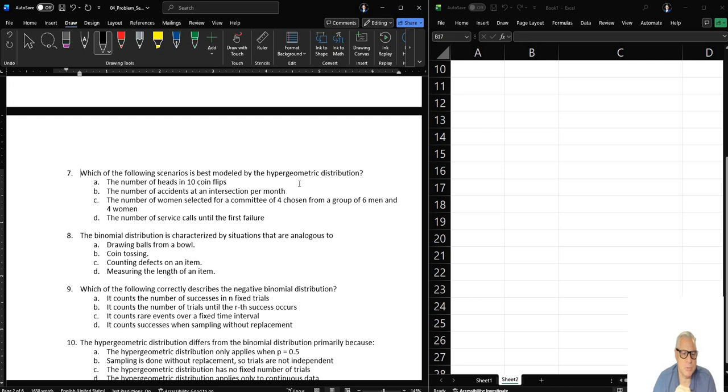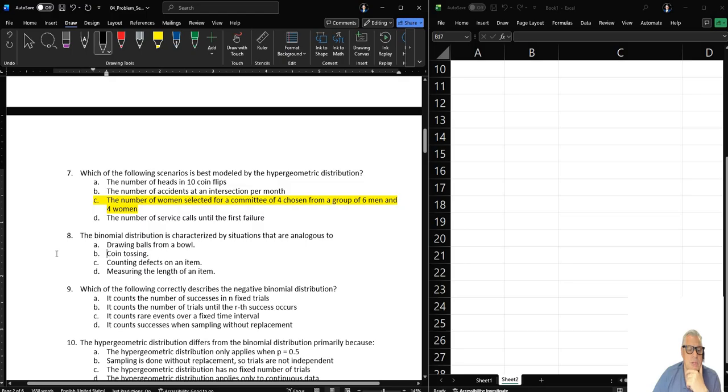No, that would probably be more Poisson. The number of women selected for a committee of 4 chosen from a group of 6 men and 4 women. Yeah, that sounds right, because that is obviously drawing without replacement, because once you are selected, you are not going back. So that is definitely C.